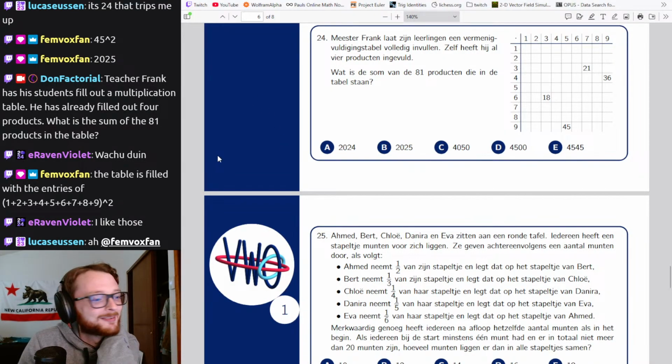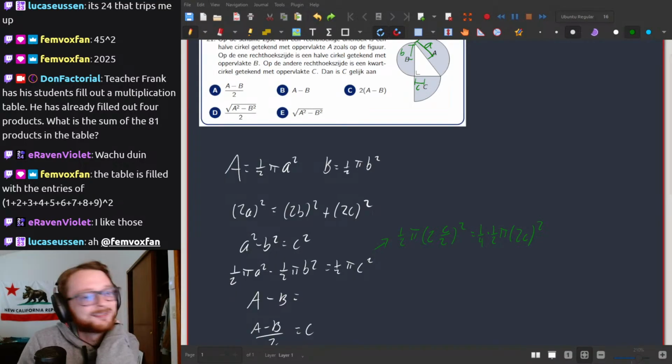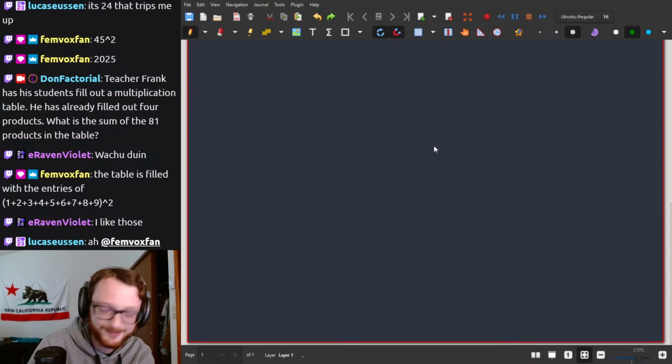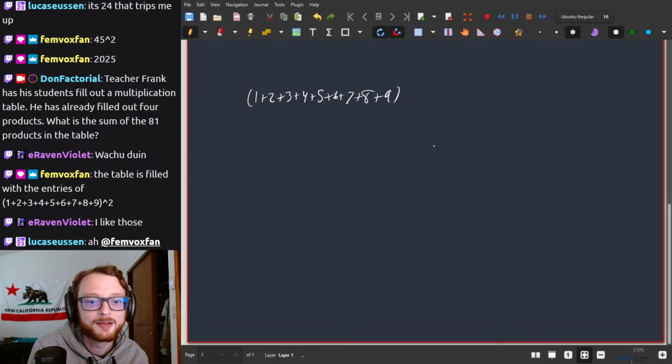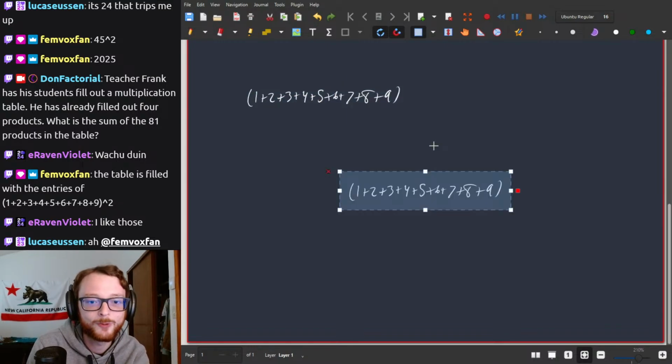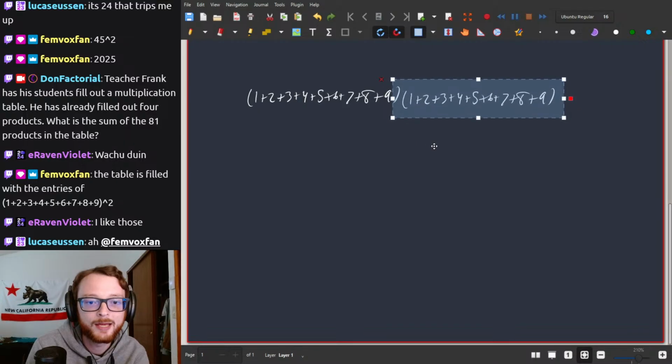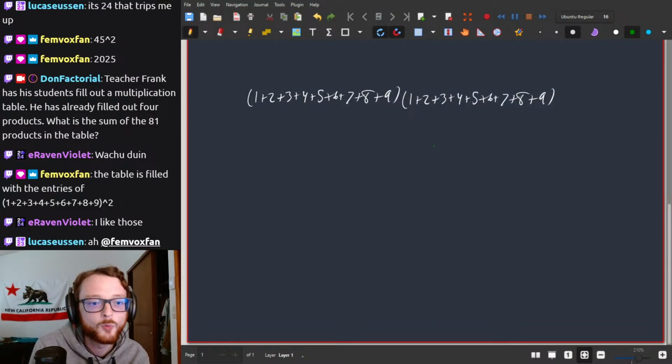So what Felix is saying, I think, is that if you do 1 plus 2 plus 3, up to 7, 8, 9 squared, the act of multiplying this out is the exact same thing as adding up the sum of the table. It's like you do 1 times 1 plus 1 times 2 plus 1 times 3.